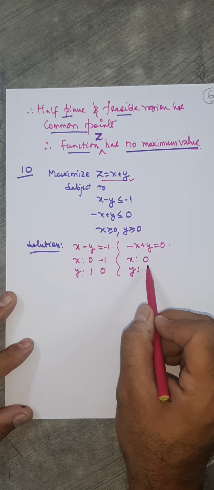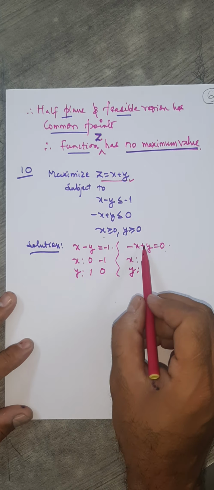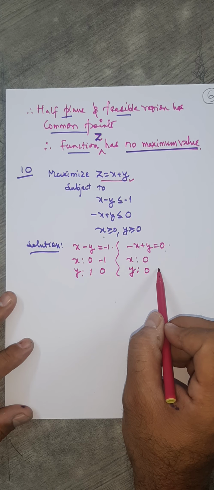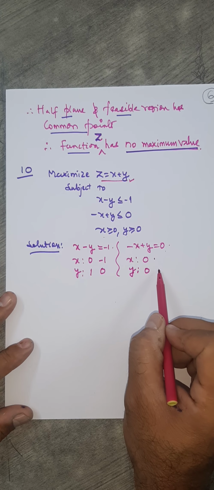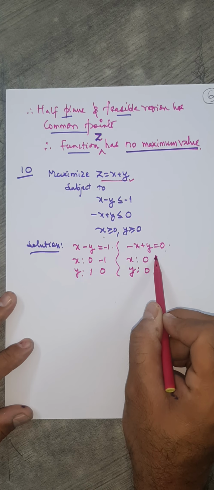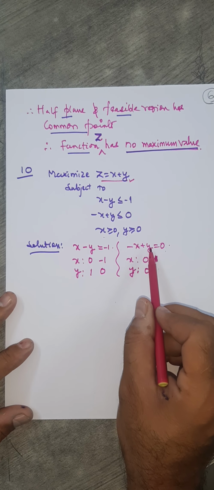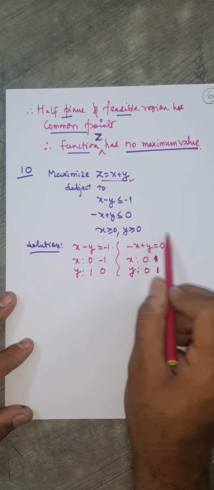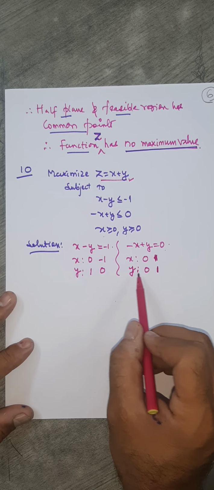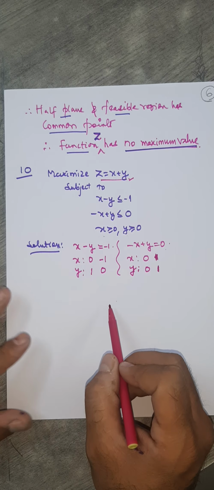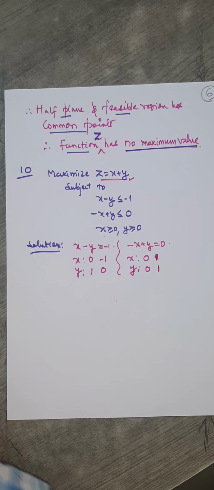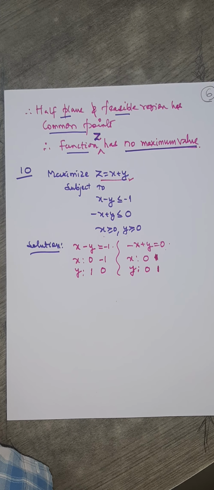If x is 0, y is also 0. Now you cannot take 0 again, because then you will get the same point. So I'll take 1, for example. Any point you can choose. If x is 1, then y is obviously 1. This is actually the y equals x line, a very standard line, bisecting the first quadrant.